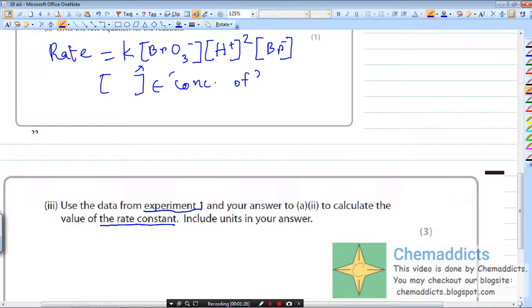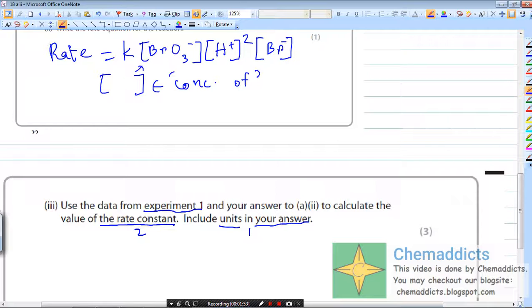Include units in your answer. As you can see, the total mark for this question is 3. For the calculation we will gain 2 marks, and for the unit we will gain 1 mark.